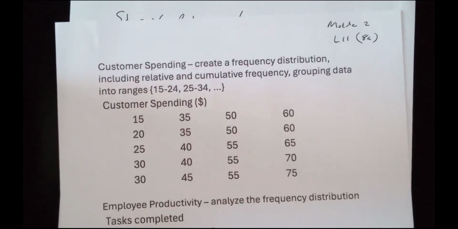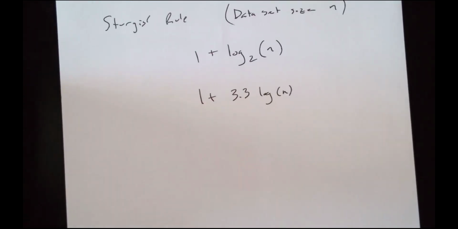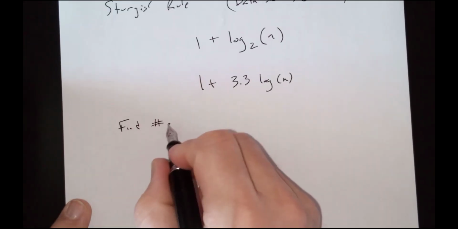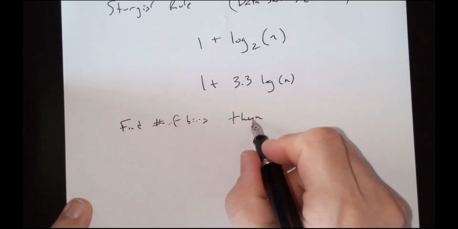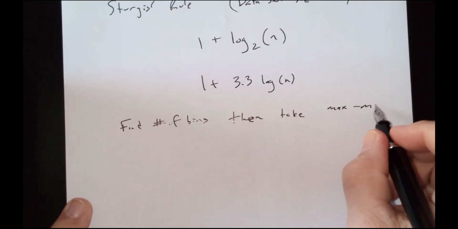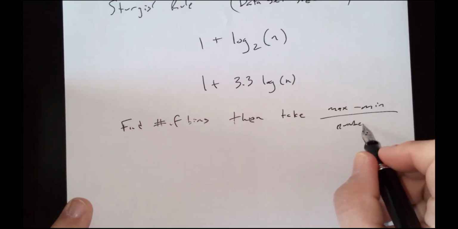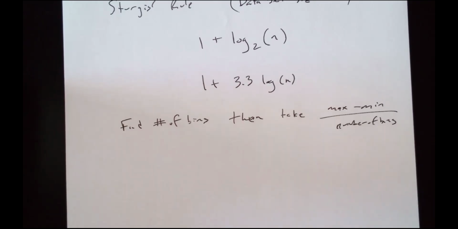So once I have the number of bins, take the maximum minus the minimum, that's your range, divide by the number of bins.